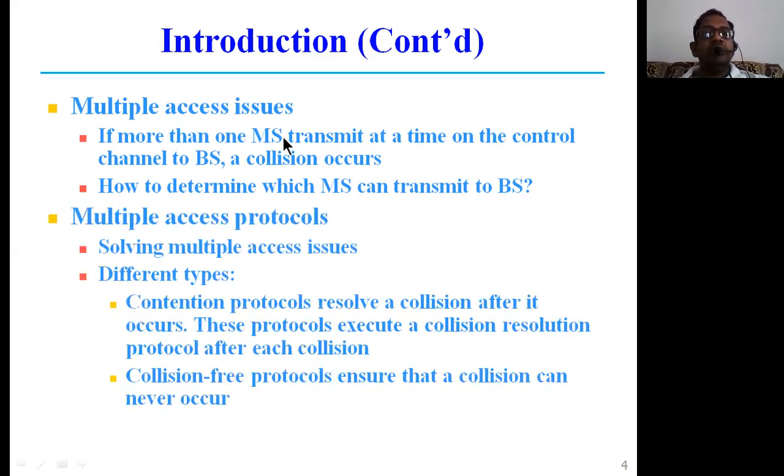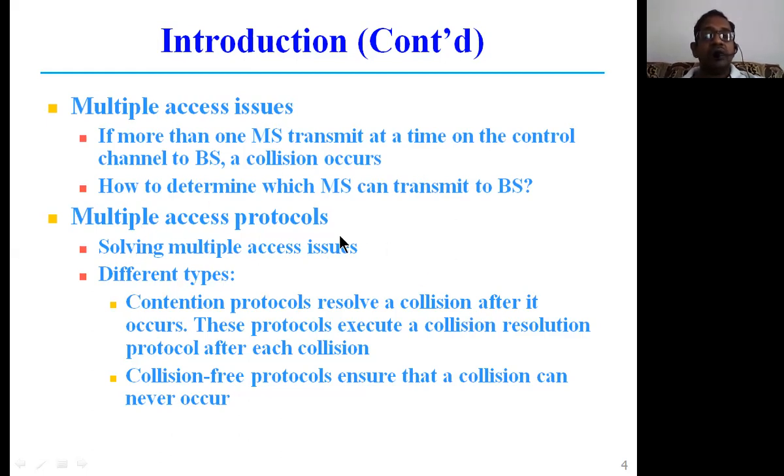Now here we deal with the multiple access protocols. How do we address these two issues of stopping the collisions and determining which mobile user or which terminal is ready to transmit next? We have to identify them.